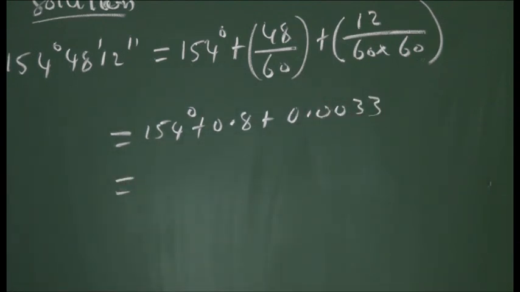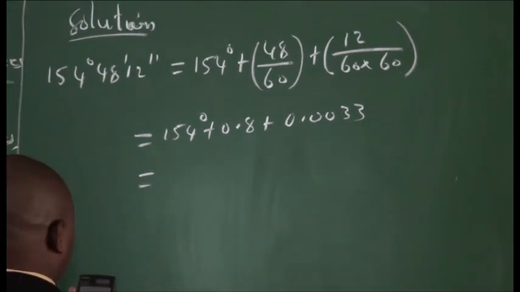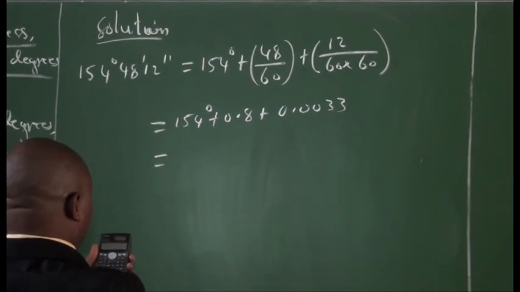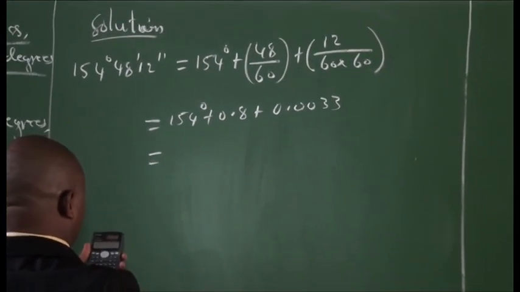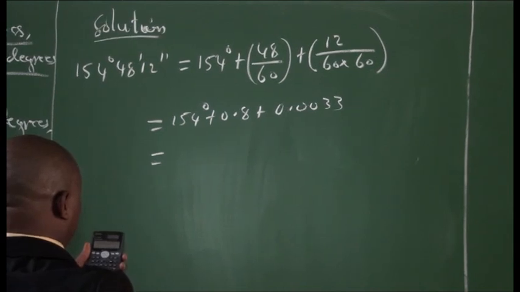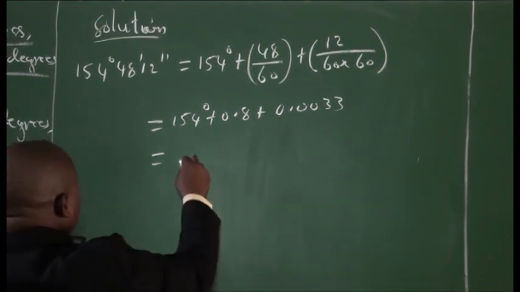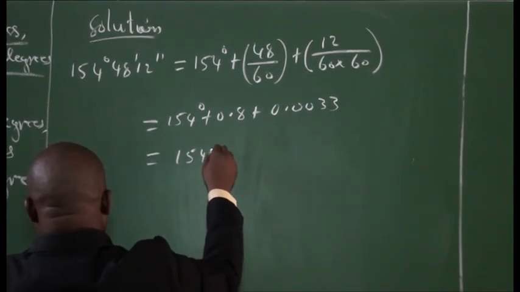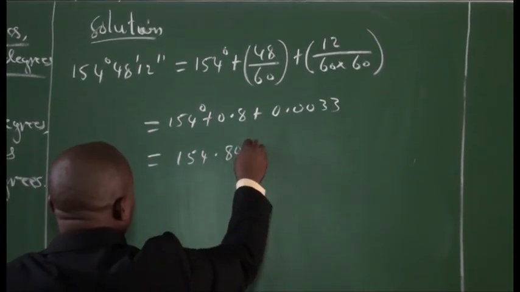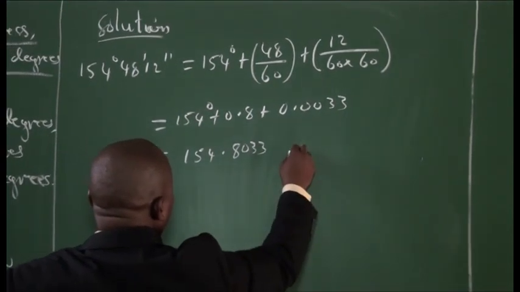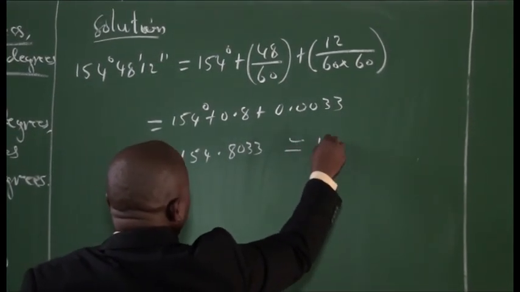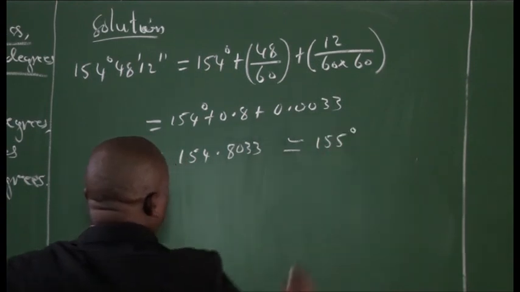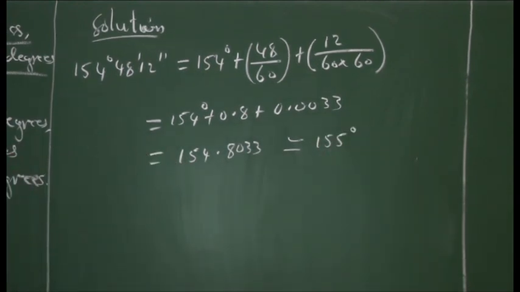If you add all this, you have 154 plus 0.8 plus 0.0033. We will have 154.833, which is approximately 155 degrees to the nearest degree.